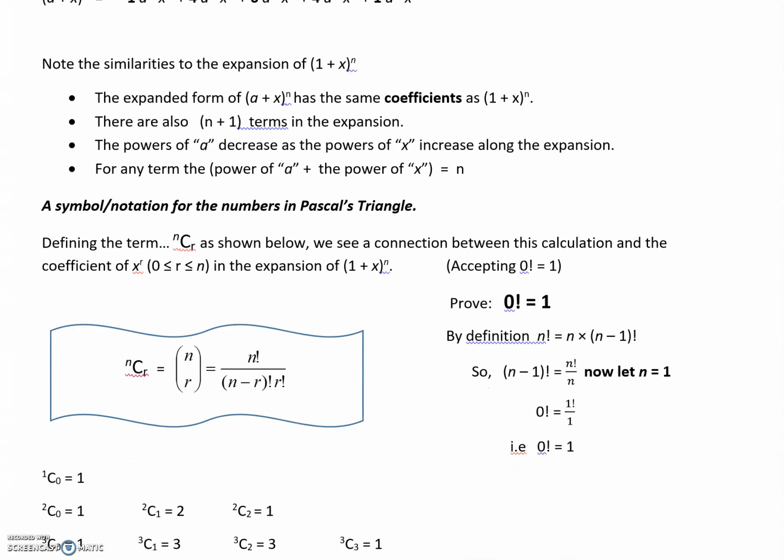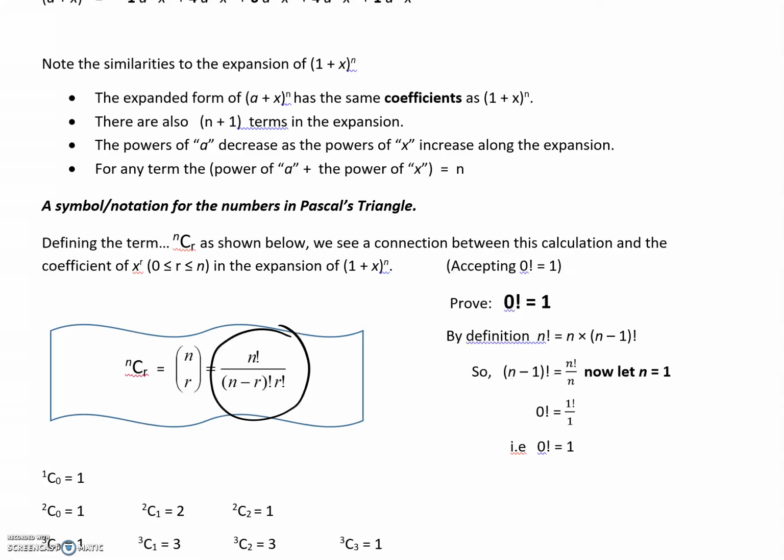It's possible to use the nCr notation, which is defined as n factorial on r factorial times (n minus r) factorial, providing we accept that 0 factorial is 1, which you can see by the little proof there that that is the case.